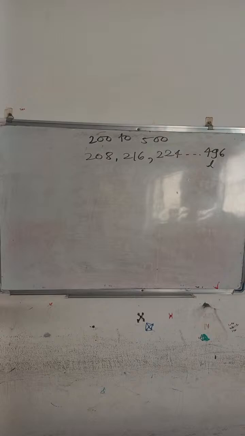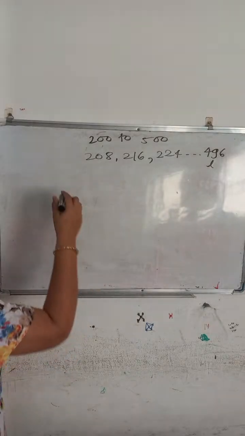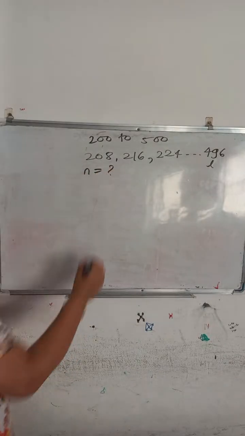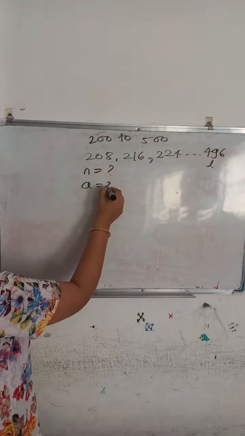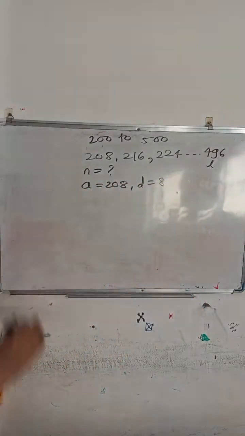So what do we have to find out? We have to find how many numbers are divisible, that means I am interested in n. Here a is 208, and d is 8 because it is divisible by 8.